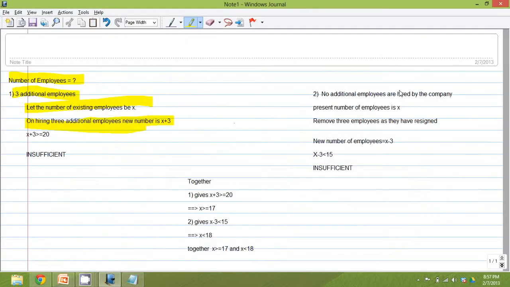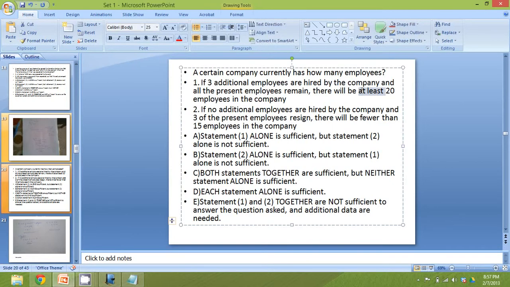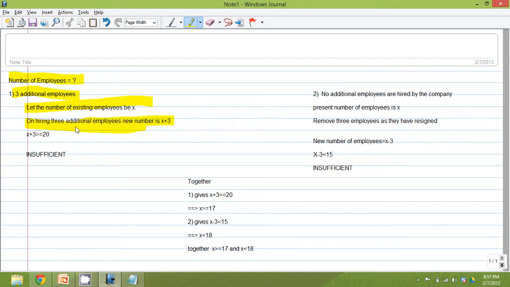By the usage of the term at least, we know that the number of employees is going to be greater than or equal to 20. So X plus 3 is greater than or equal to 20. However, this is insufficient to find the value of X, because this would give us the value of X as an inequality.